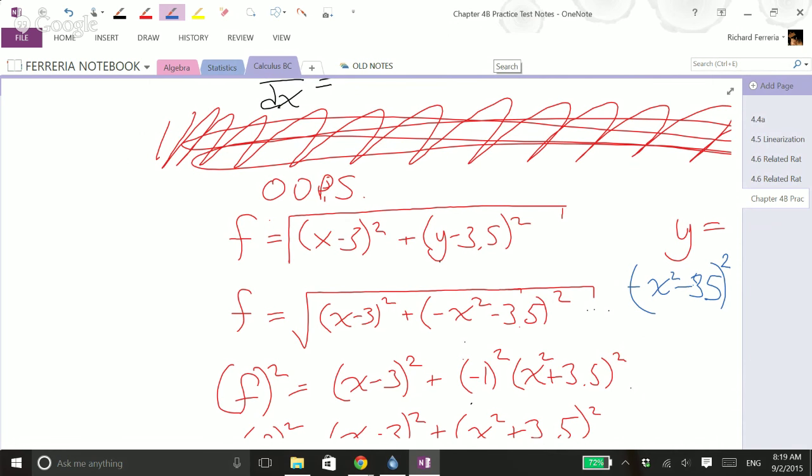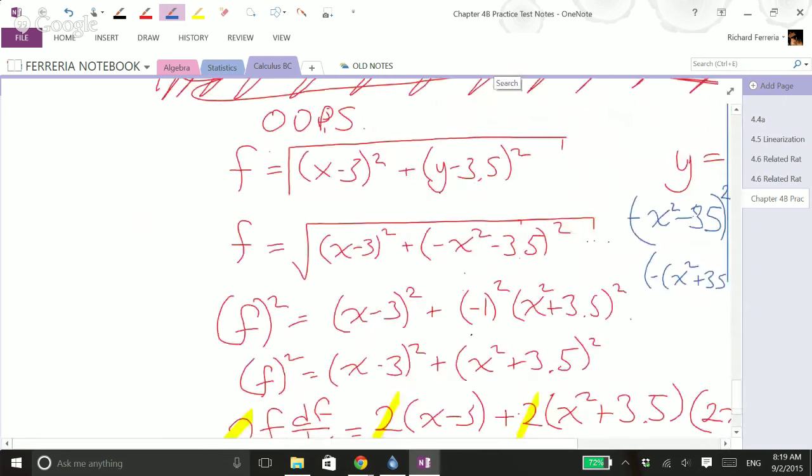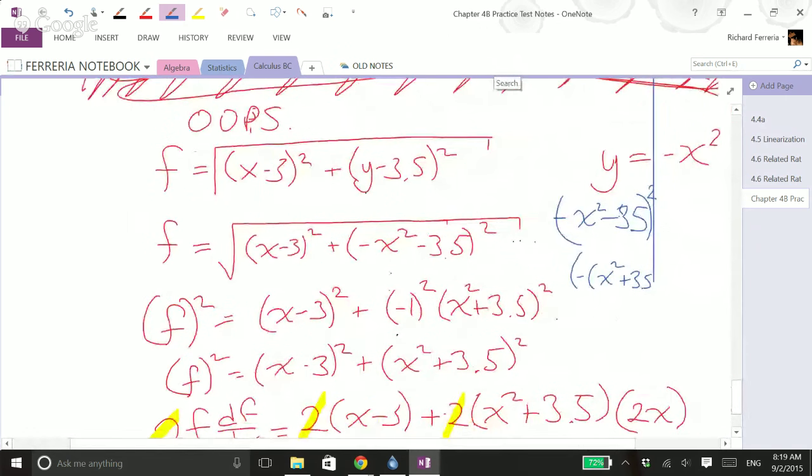You can factor out that negative 1, right? So that becomes negative (x squared plus 3.5), whole thing squared. And then I think you see really easily from there that negative 1 squared cancels, and it's the same thing as this right here. Good.